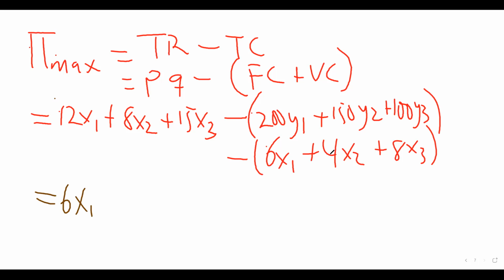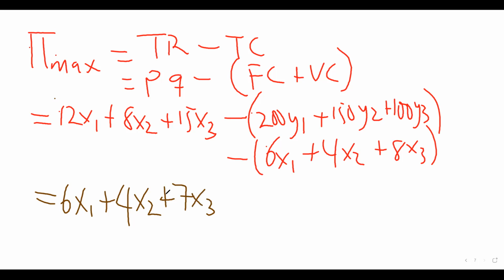Now we have 8x2 minus 4x2. So that will give you plus 4x2. And then look at the 15. It is 15x3, and then there's x3 here, so that's minus 8x3. Minus is in front of the bracket, don't forget that. So that will give you plus 7x3.